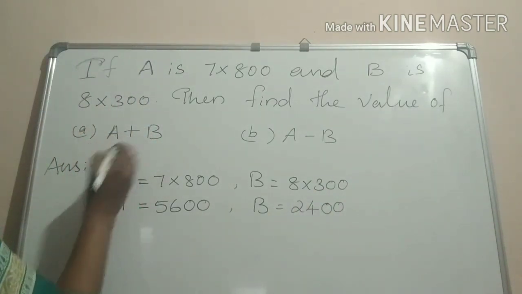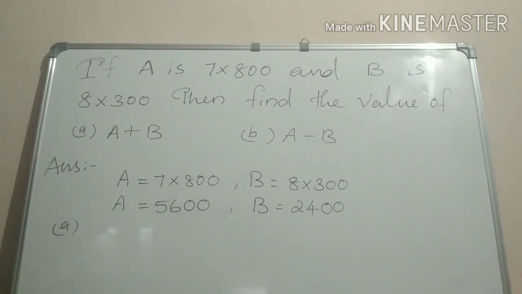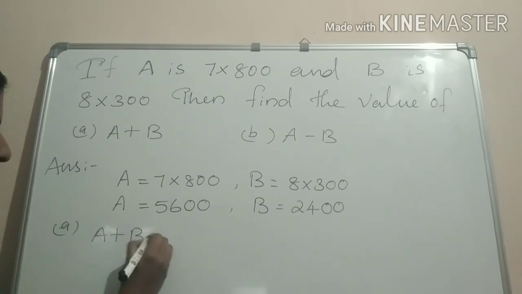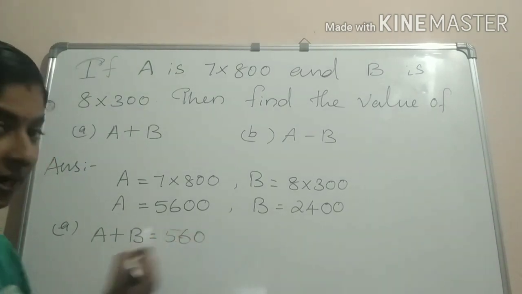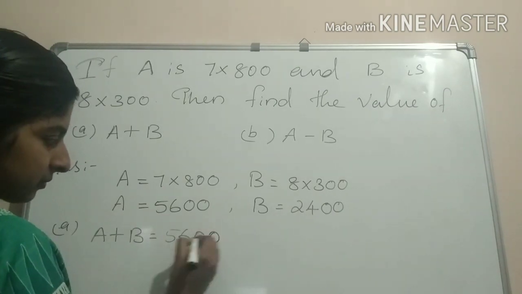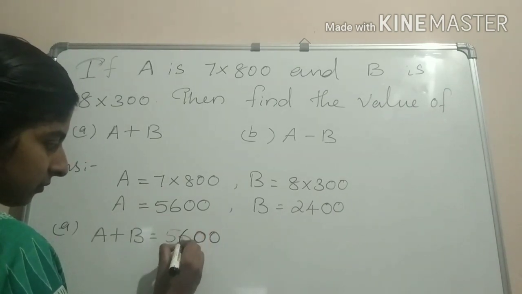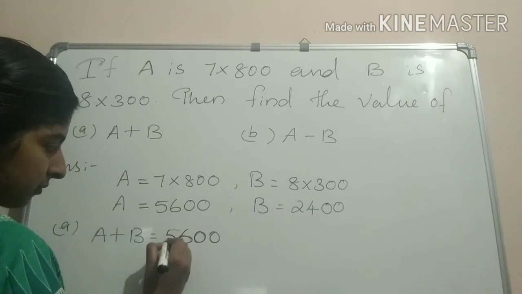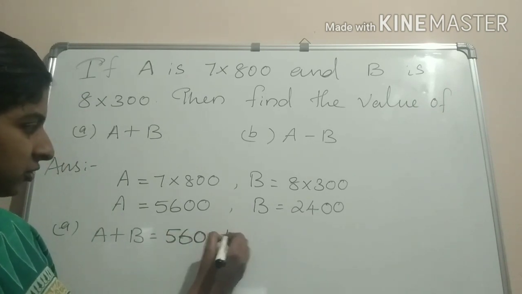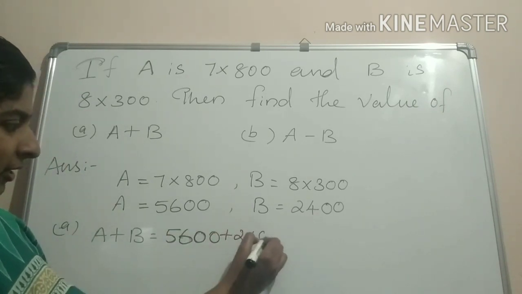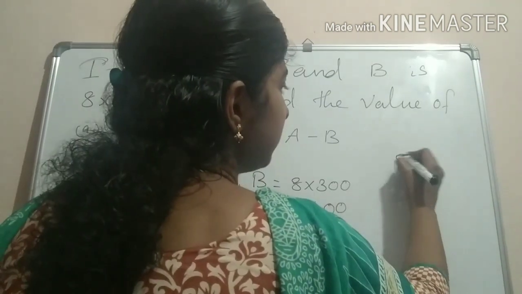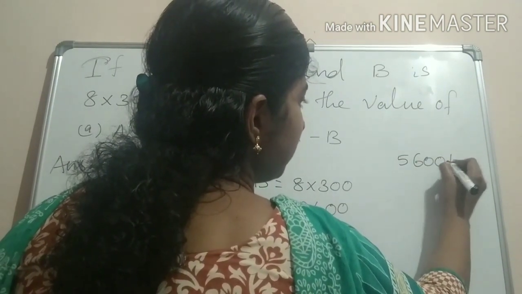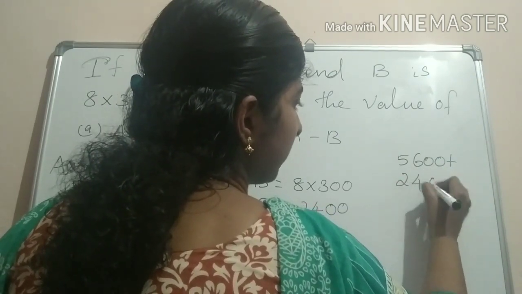Then here, first question is A plus B. A plus B is equal to 5600 plus 2400.